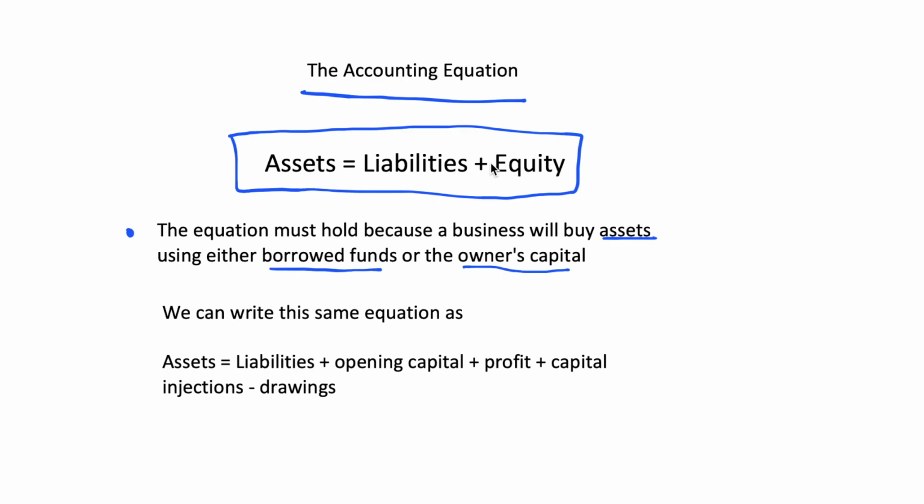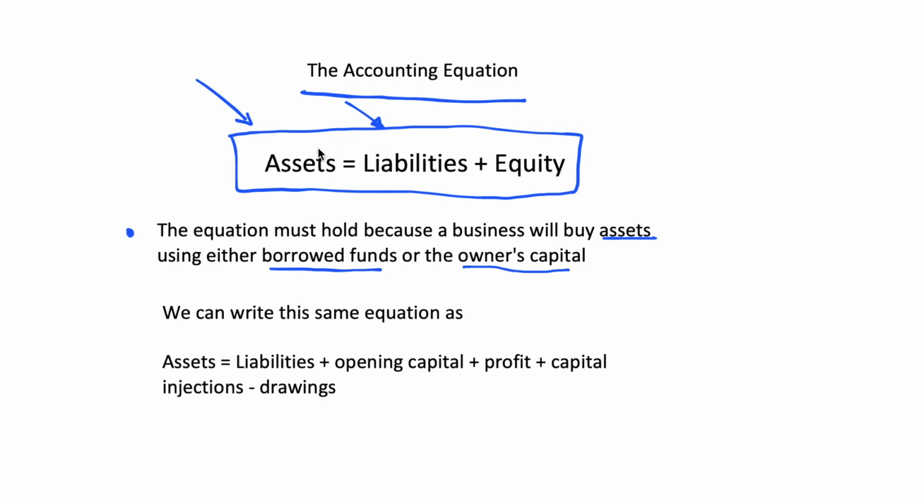So the idea is, if we imagine that this is a brand new business and they're looking to get some assets, say some machinery or factories or some land or whatever, how are they going to buy those assets? Well, they can either borrow from a bank, in which case this will show up as a liability, and we've discussed what we mean by assets and liabilities in previous videos.